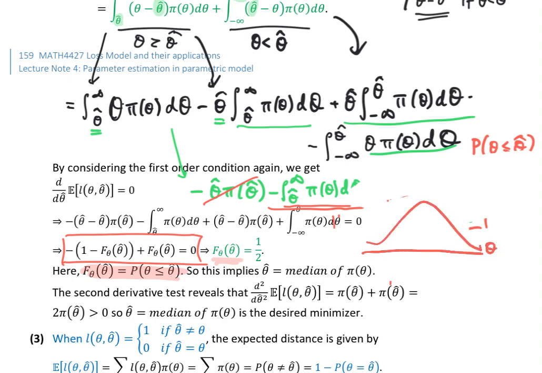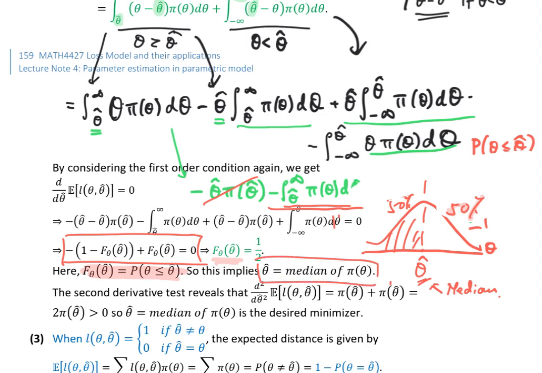What we are looking for is the theta hat such that 50% of the data is on the left, and of course 50% of the remaining data will be on the right. Essentially this theta hat will be equal to your median, and that will be our Bayes estimate.